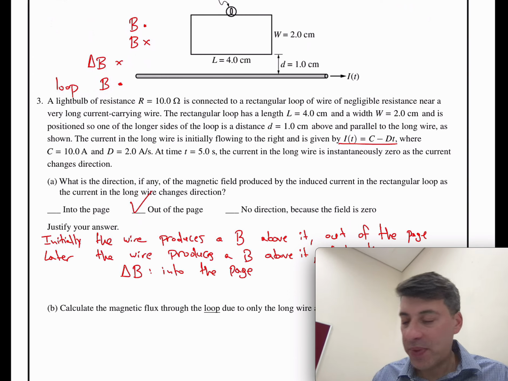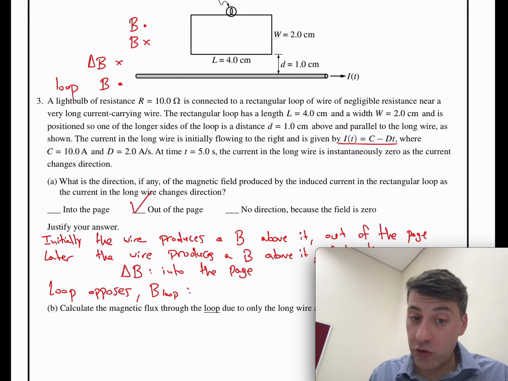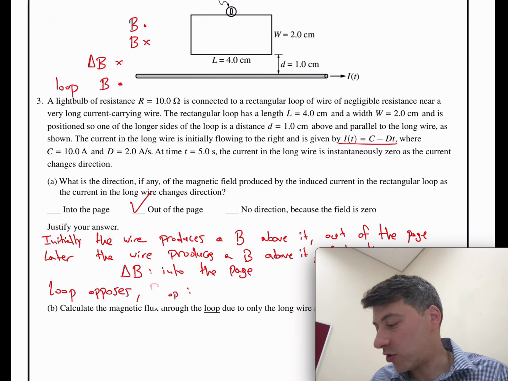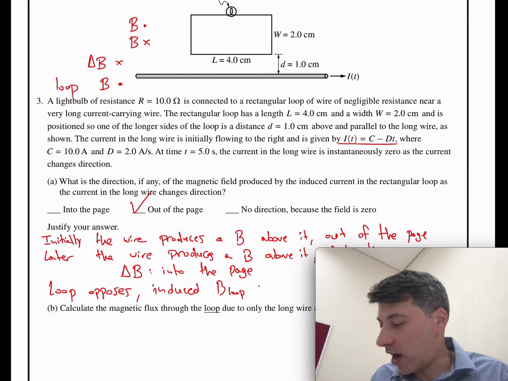And we need to mention that the loop opposes that change of magnetic field. The loop opposes, so the magnetic field of the loop is the induced magnetic field. Actually, we need to mention this: the induced magnetic field by the loop will be opposite to the delta B, so it will be out of the page.